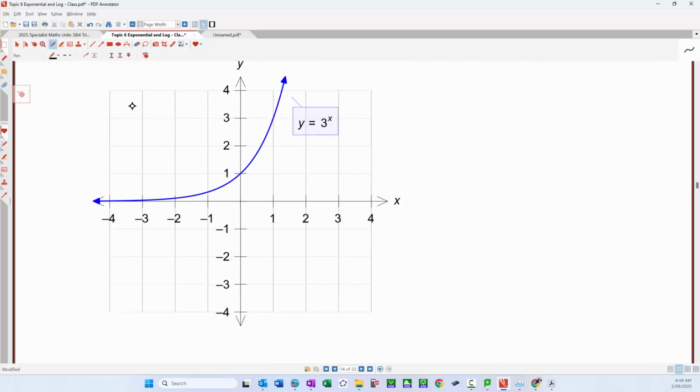So what that one's going to look like is basically this reflected in the x-axis. So I'll just draw that. That 1 is going to go to -1. That 3 is going to go to -3. And we're going to get something like this. I'm on fire with the graphs today. They look good. So that's y equals -3 to the x.